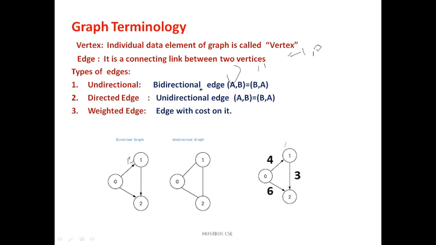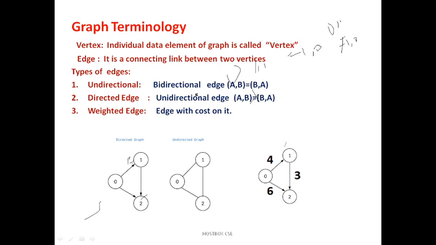Similarly, a directed edge is a unidirectional edge, where (a, b) is not equal to (b, a). That means (0, 1) is not equal to (1, 0), because you can only connect from 0 to 1 and from 0 to 2 like that, not from 1 to 0. Only one direction. This is the example diagram.